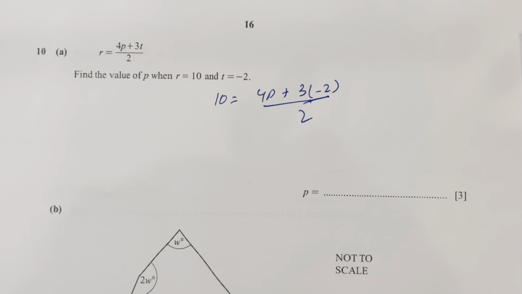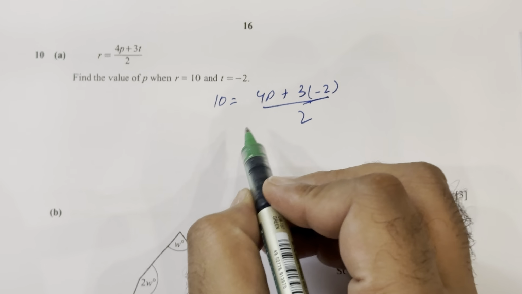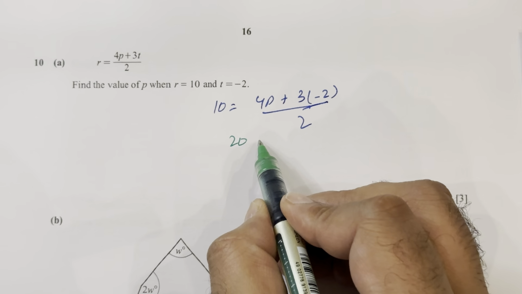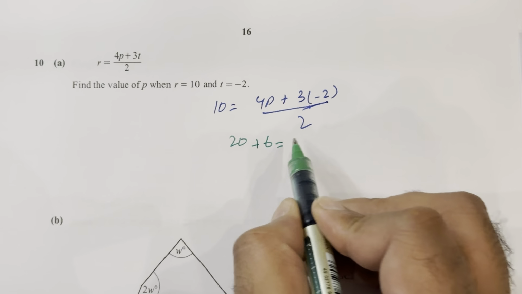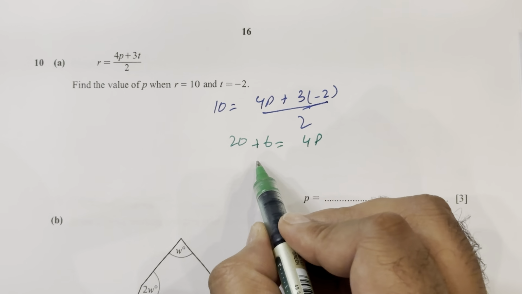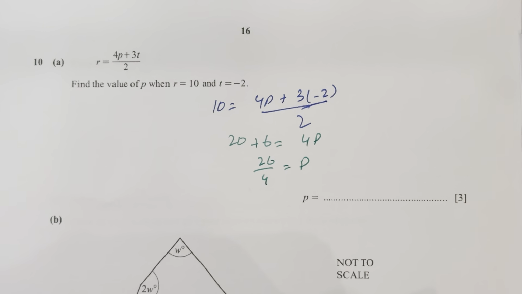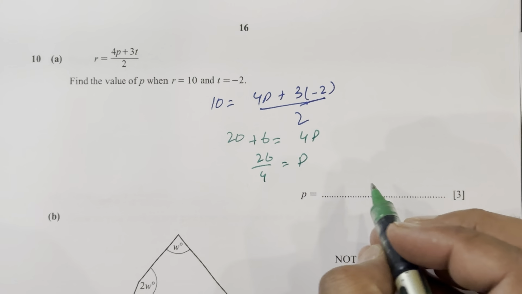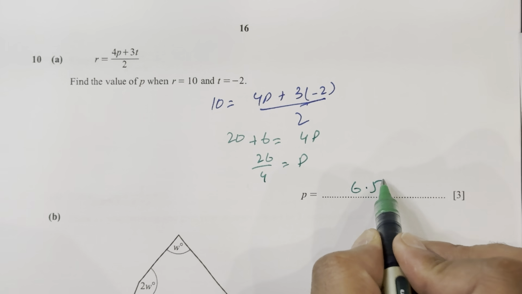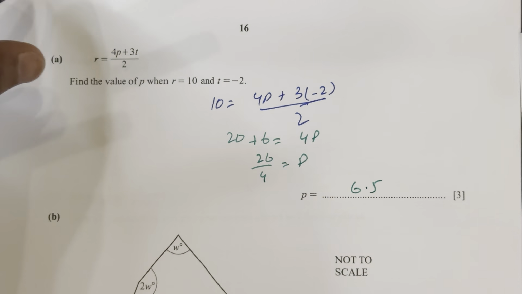So you get 20 plus 6 is equal to 4p. 26 over 4, we get the answer that is equal to 6.5. So our answer is p is equal to 6.5.